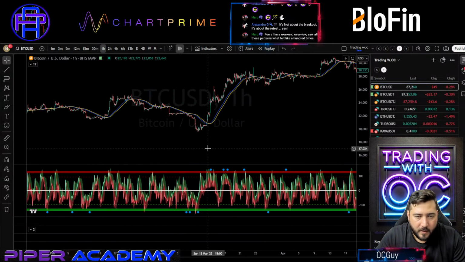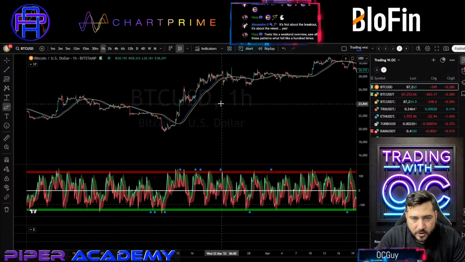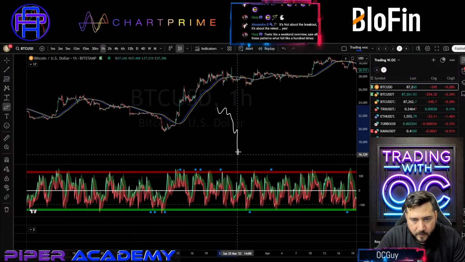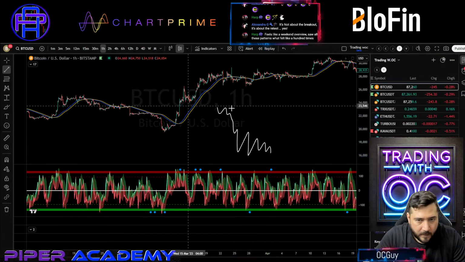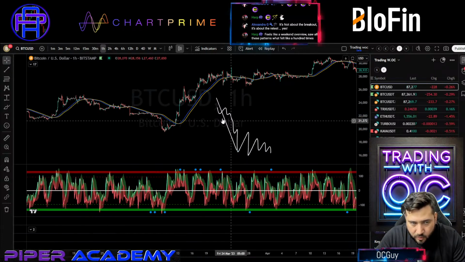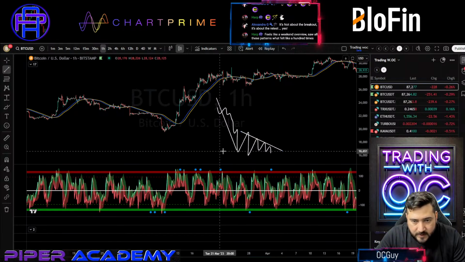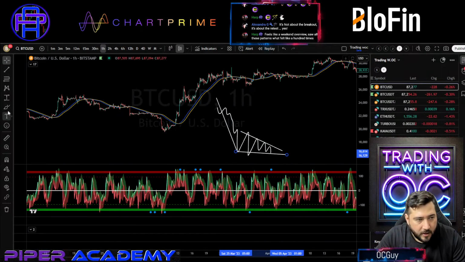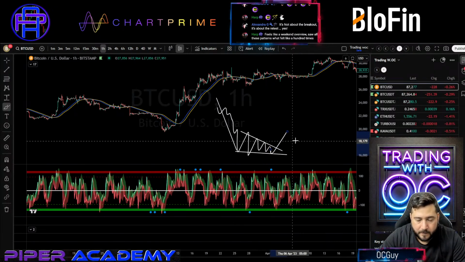All right, whatever. We have another wedge in here, but usually when we're coming downwards, all right? And then we have a wedge like this, right? So coming downwards, and then we have the wedge pointing downwards. Since a wedge is also a reversal pattern, this wedge usually breaks to the upside, all right?